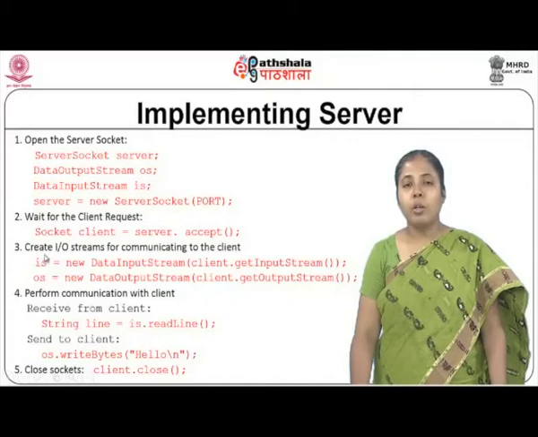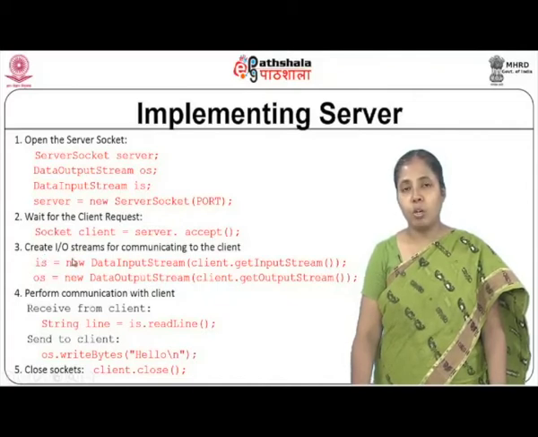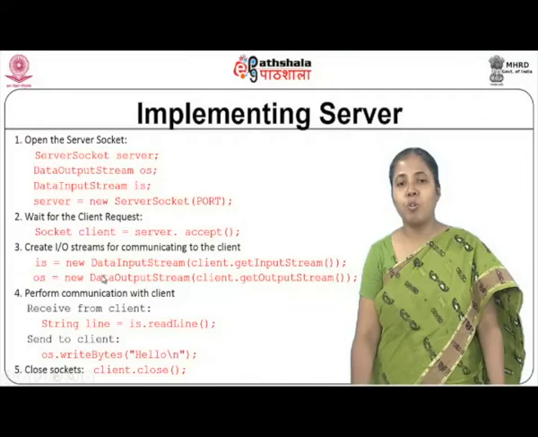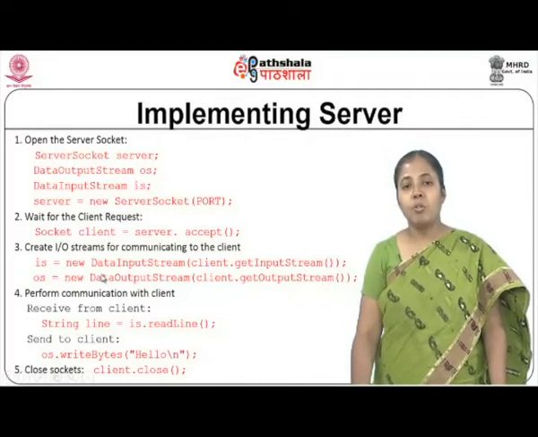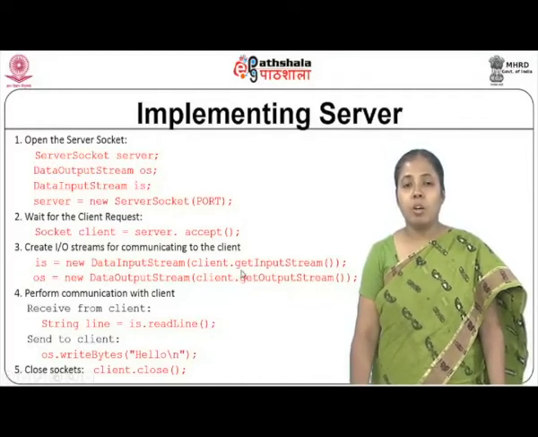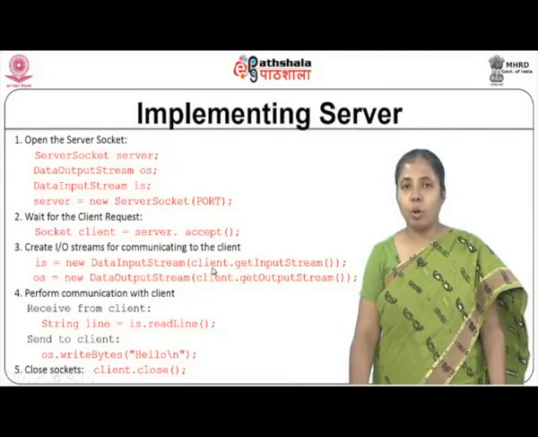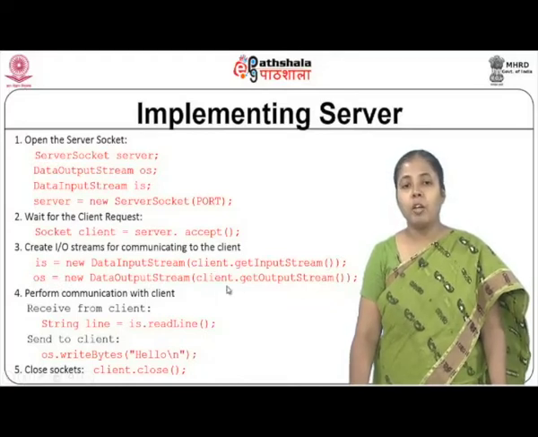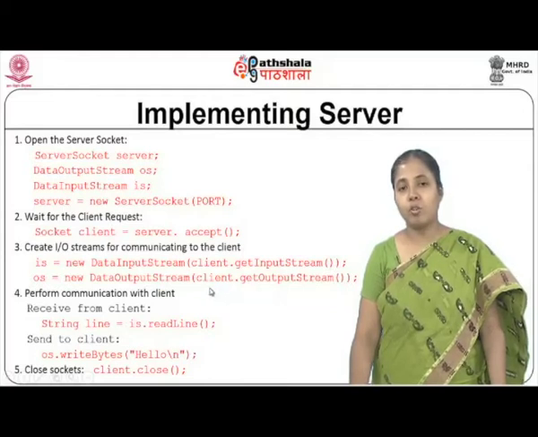Now, we need to create IO streams to send and receive data, so we have to create IO streams for communicating with the client. In order to create the IO streams, we use the socket object's method getInputStream, which gets the input stream of the invoking socket object, and the method getOutputStream on the socket object to get the output stream. The client is a socket object.